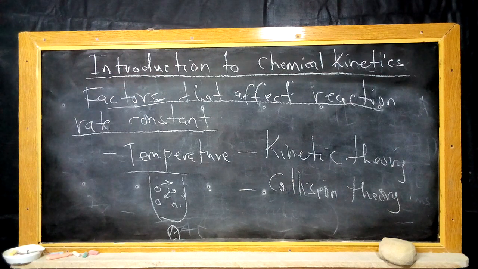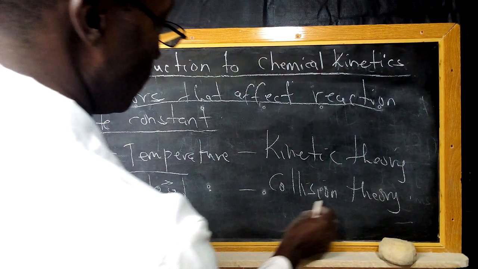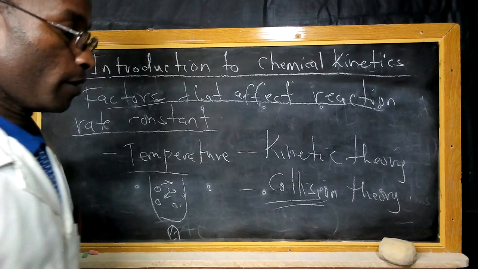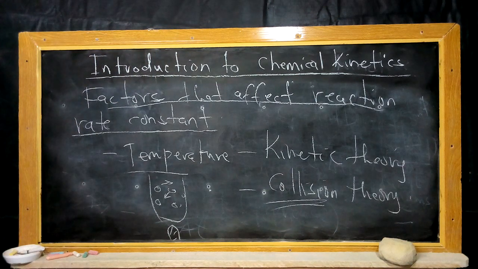So for the collision theory, this one is a different version where the molecules collide. When the temperature is increased, it gives the molecules more energy to collide, and that collision is what leads to a chemical reaction.